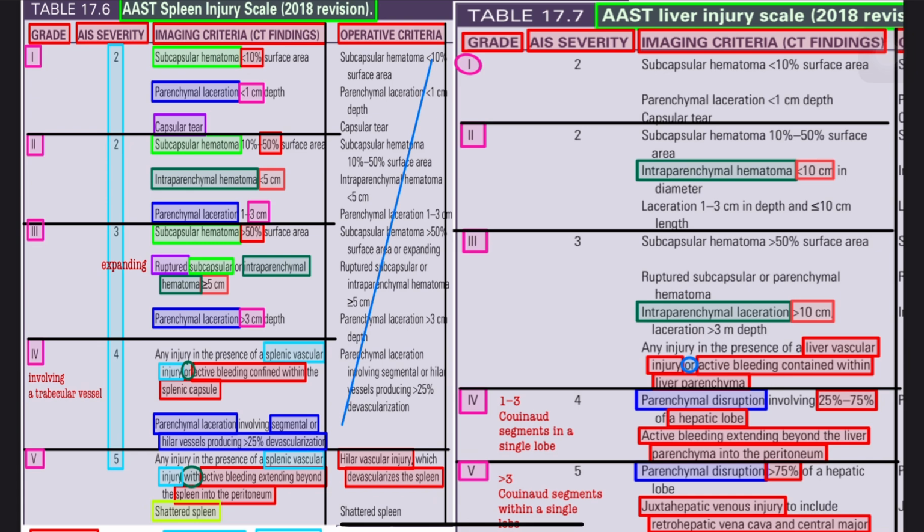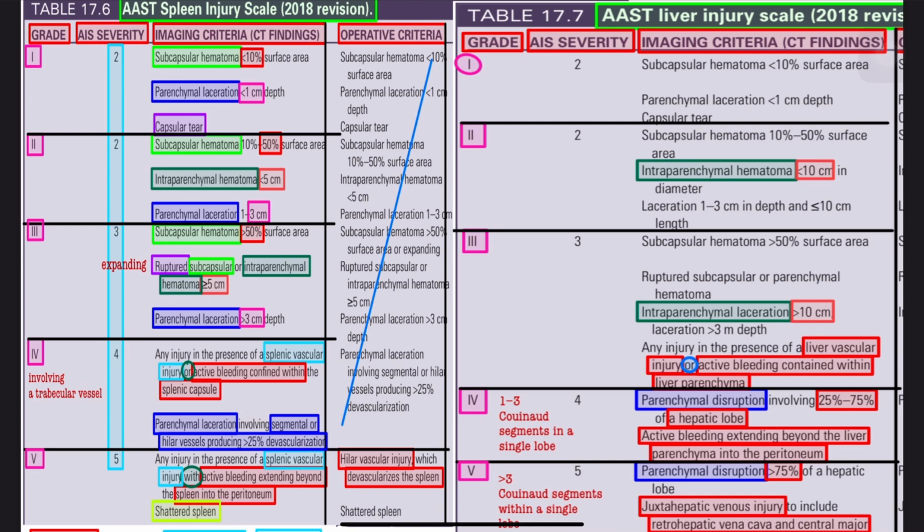In Bailey, one extra line is given: involving trabecular vessel also comes under grade 4. In spleen grade 4, parenchymal laceration involving segmental or hilar vessel producing more than 25% devascularization.